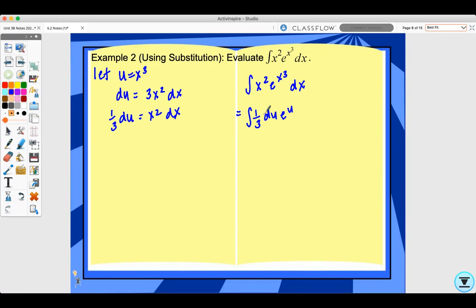What I'm going to do is rearrange this. So I'd have 1/3, I can factor out that constant, e to the u du. The antiderivative of e to the u is just e to the u, so this becomes 1/3 e to the u plus c. And then I replace u with what it was, because I want to evaluate it in terms of x. So 1/3 e to the x cubed plus c. And that would be your answer.